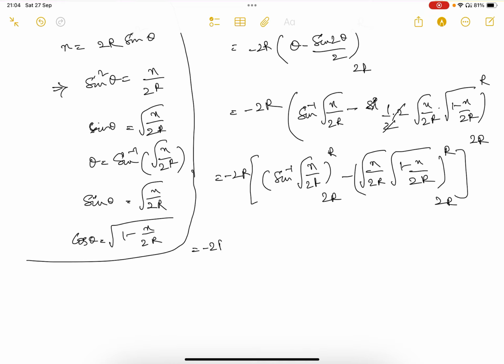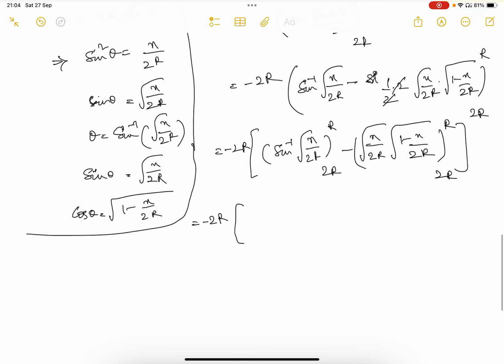This is minus 2r into, when x equal to r, this will be sin inverse of 1 by root 2, which is pi by 4, fine. Then when x equal to 2r, 2r will get cancelled and it will be sin inverse of 1, which is pi by 2.